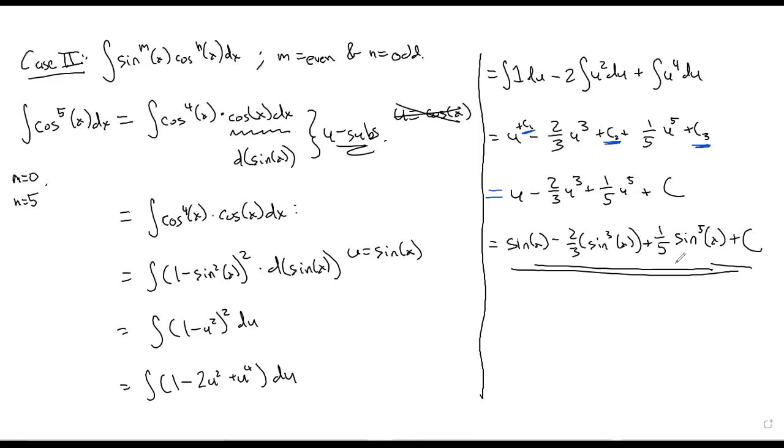So again, a very similar case, this time with the cosine having the odd power, the sine having the even power. We do the similar trick of peeling off one of the cosine functions and getting it set up for a u substitution. So once we peel it off, we're going to set up u to be the sine of x, and we'll go ahead and do the Pythagorean identity to change cosine squared into 1 minus sine squared, sorry.